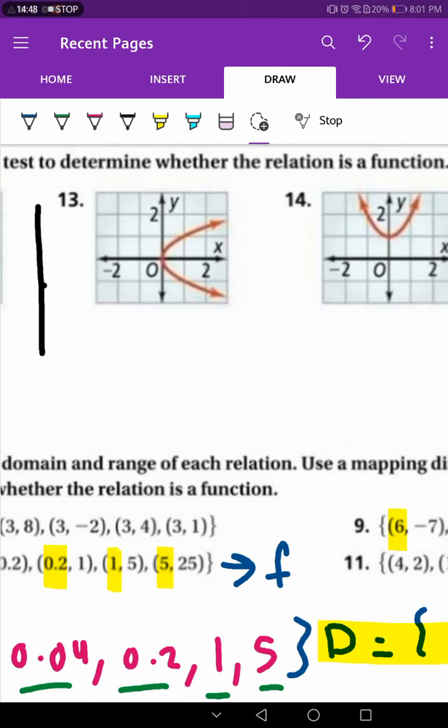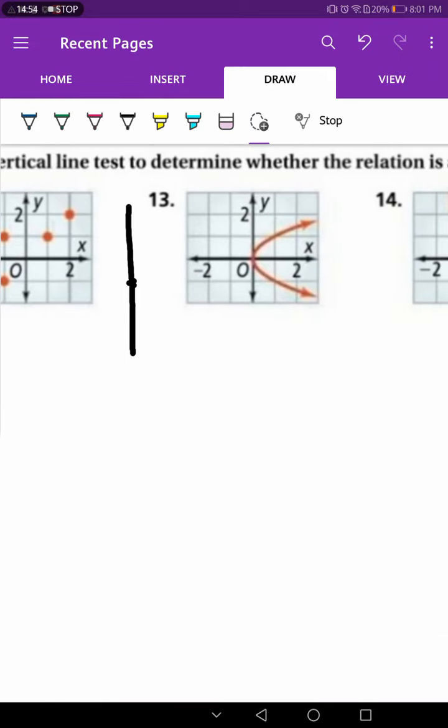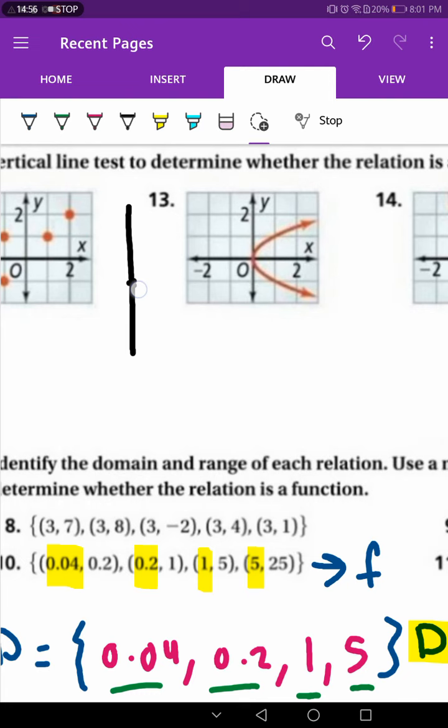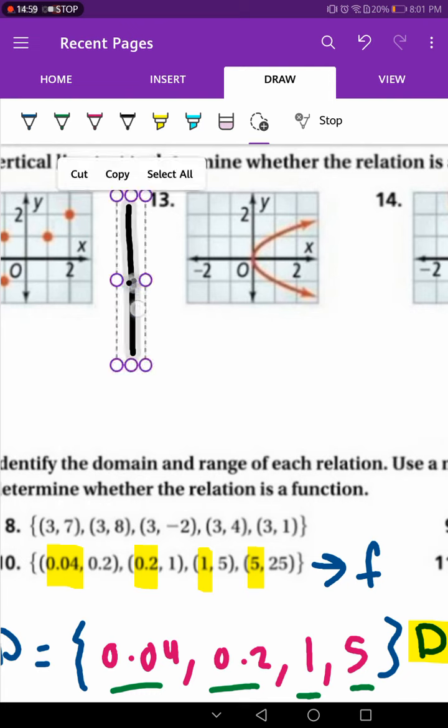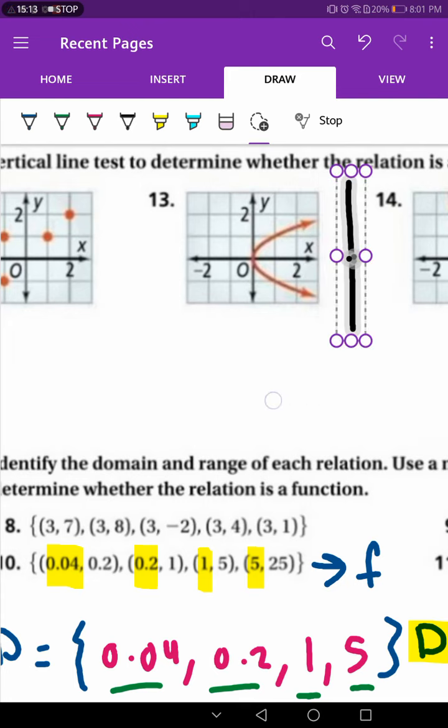Okay, let's do it. See, the line hits 2 points here, yes? So is it function or not? It is not function. Okay, my dear student?